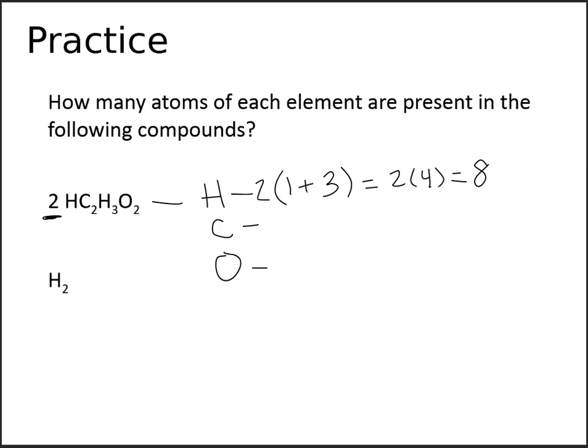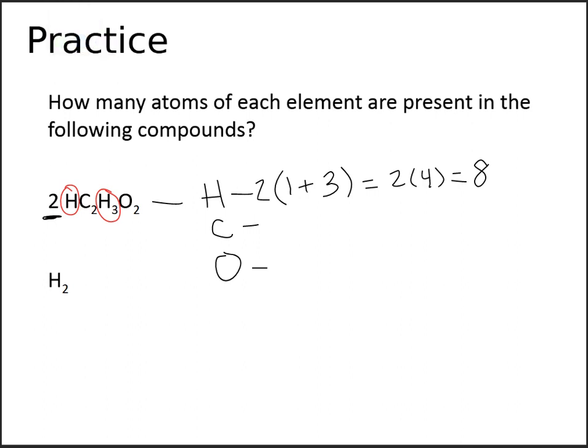So that definitely checks out for the hydrogen, because remember, we've got, let me change colors here. For hydrogen, there's the hydrogen here, and then there's this hydrogen that has a subscript of 3, for a total of 4 hydrogens in one molecule, which means we have 8 in 2 molecules.